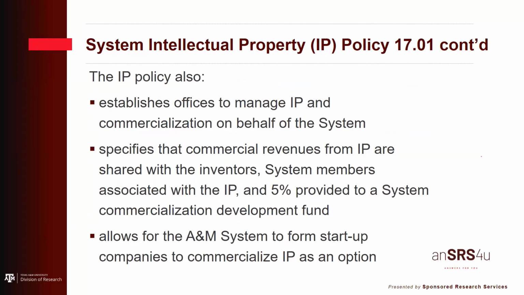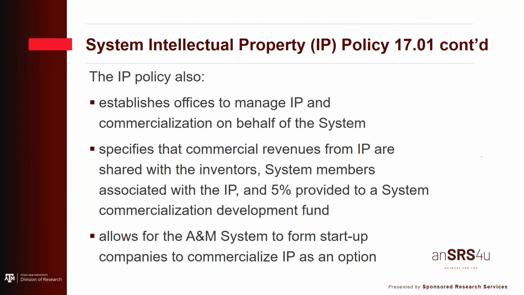The IP policy also establishes what they call member commercialization offices to manage the IP and commercialize it on behalf of the system. Jeannie Hurley will be talking more about that. But what's more important for a lot of the faculty is that it sets out how we share revenue with the IP creators and the members.